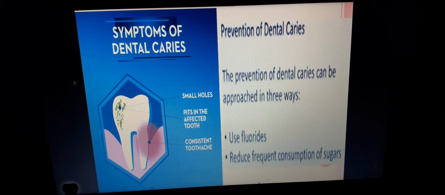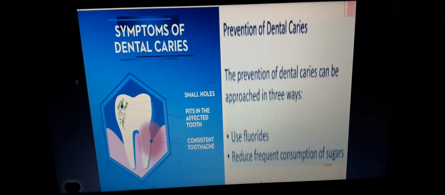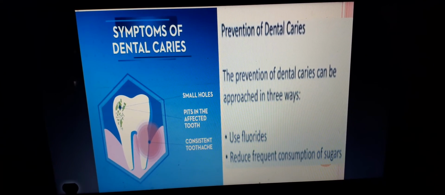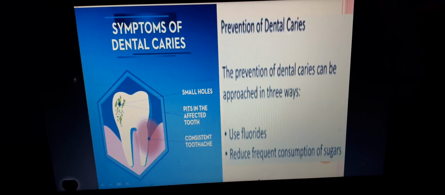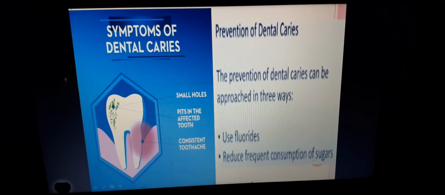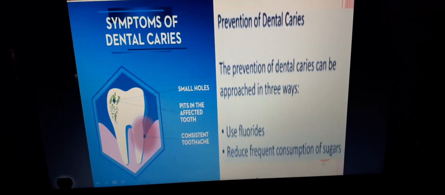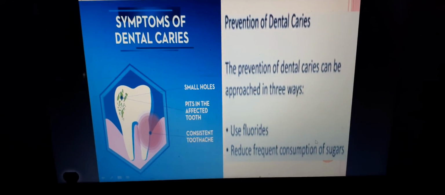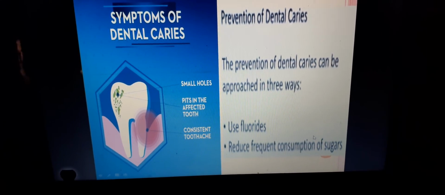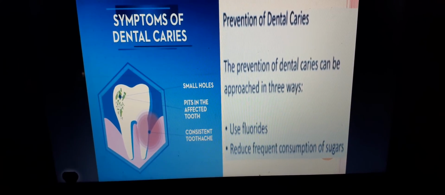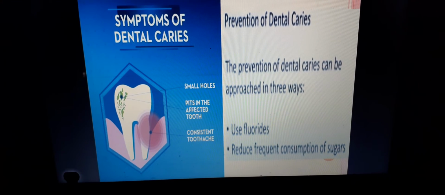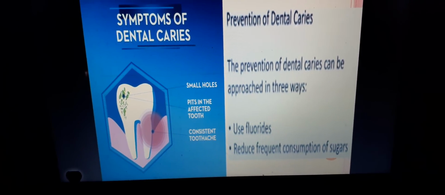Brushing of teeth in the morning and twice a day is very important, and reduce frequent consumption of sugar. If you are fond of chocolates and cakes, after having them it is a must to wash your mouth thoroughly with water after every eating.